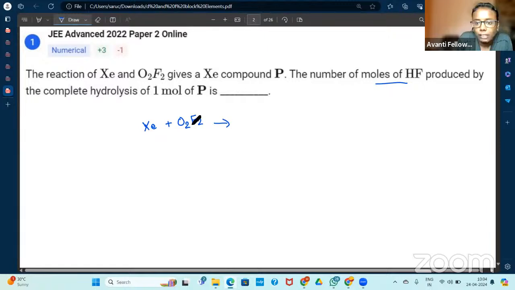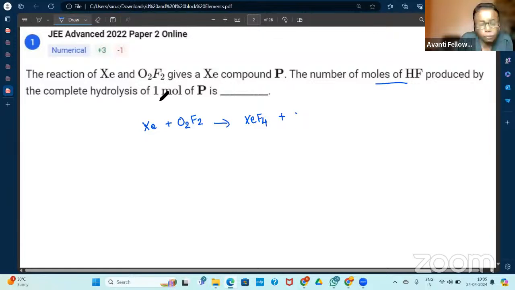Now we'll solve it. Xenon plus O2F2 gives XeF4 plus O2. Balance the equation, because you have to do it by considering the number of moles.